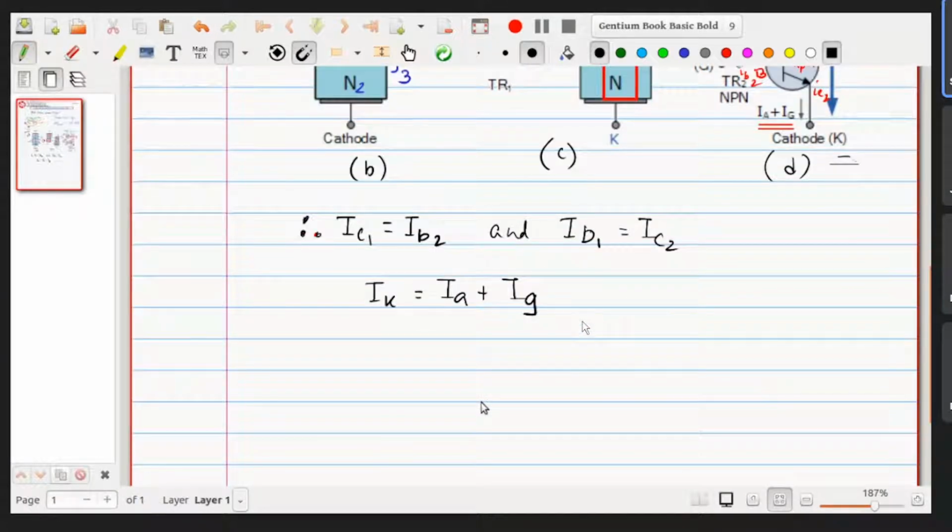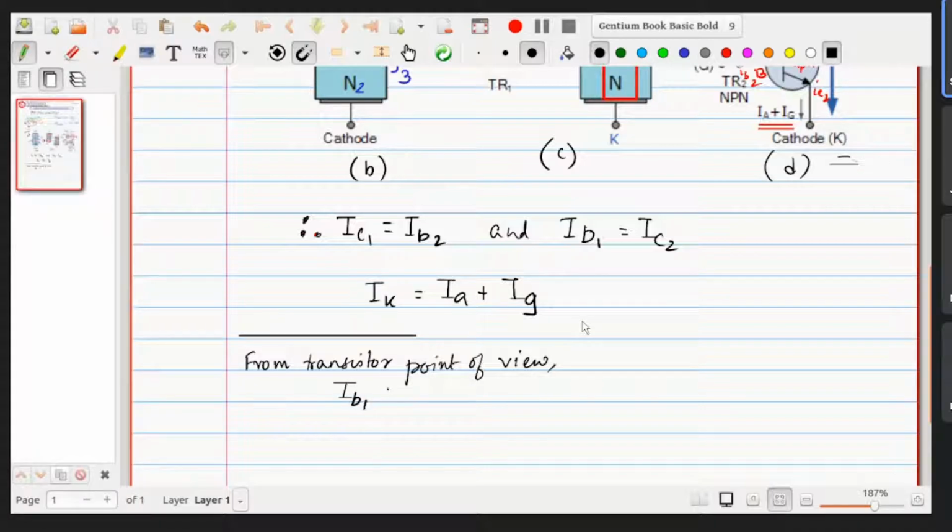Now, if you have the faintest of your memories, then from the point of view of transistor analysis, what we studied is that the base current for a PNP transistor is calculated as the fraction of the emitter current that is being moving out.